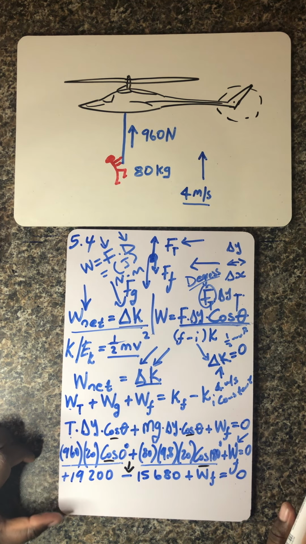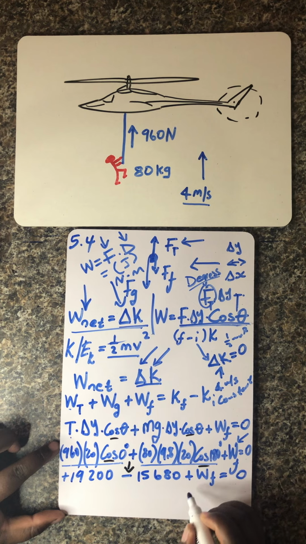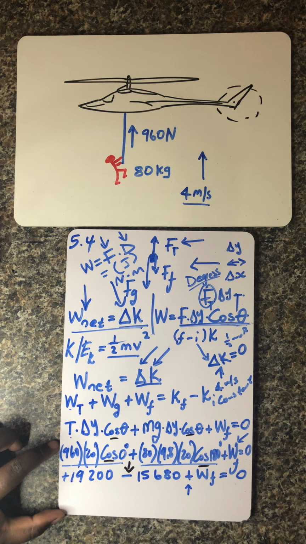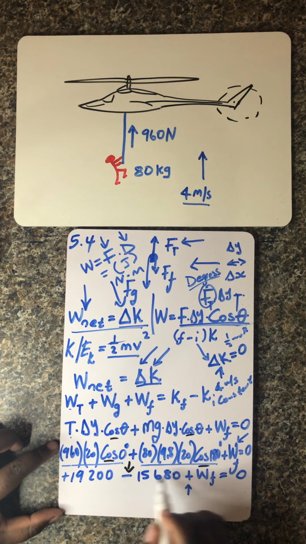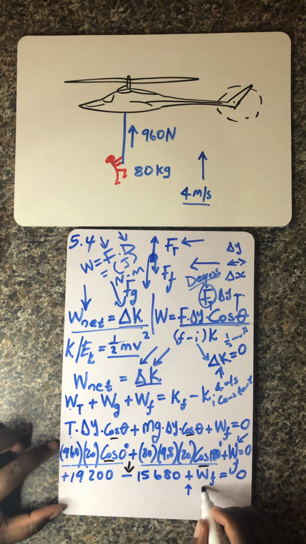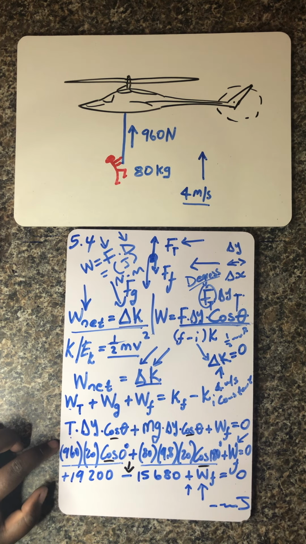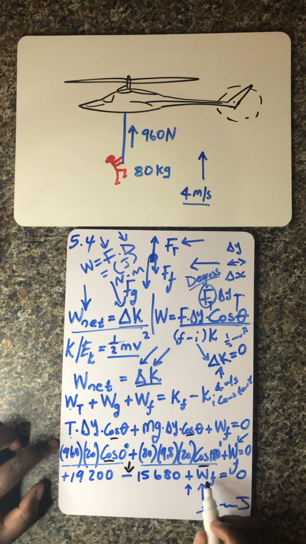So now let's check. In this case, over there it actually should be a negative. But because we said net, and net means total, means add, our final answer for this must be a negative value in joules, which indicates that work as a result of friction is actually acting downwards.